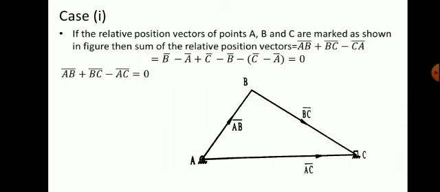Plus CA, nothing but it is minus CA. AC is equal to 0. Now, let us go to these are the loop closure equations for slider crank mechanism and also your 4-bar mechanism.